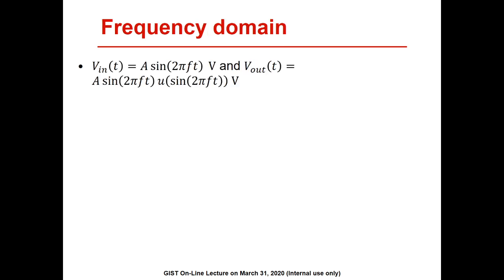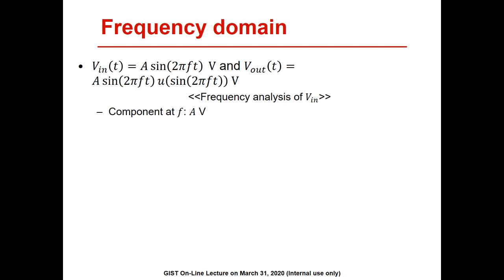Consider a sinusoidal input signal and a rectified output signal. Here, U is the unit step function which gives unity only when the argument is positive. When you calculate the frequency components, the input signal has only a component at the frequency f.